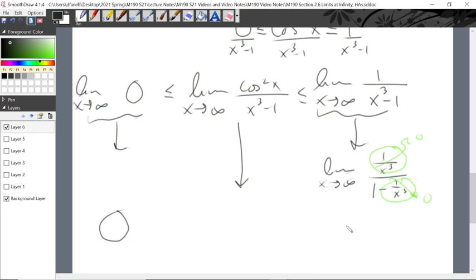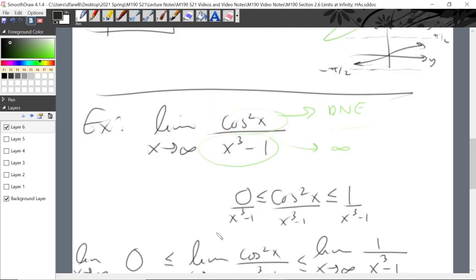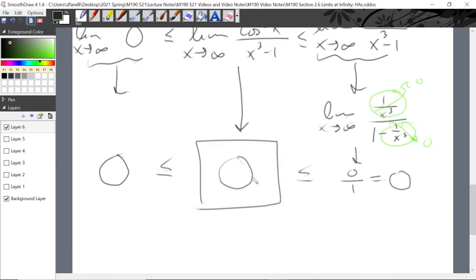So we end up with the ratio 0 over 1, but 0 over 1 is just equal to 0. So our limit is bounded between 0 and 0, so it is being squeezed, and therefore our limit must also be 0. Okay? So it was not that it didn't exist as a ratio. In this case, it ended up going to 0, and we showed that it went to 0 by the squeeze theorem.